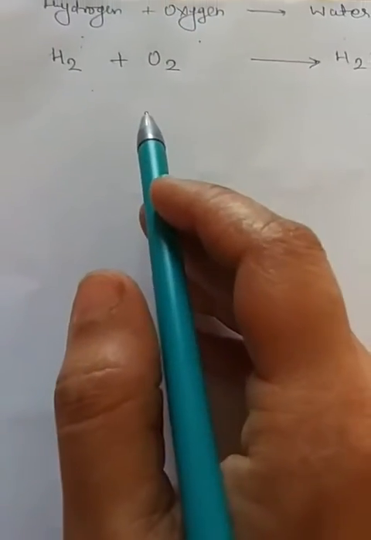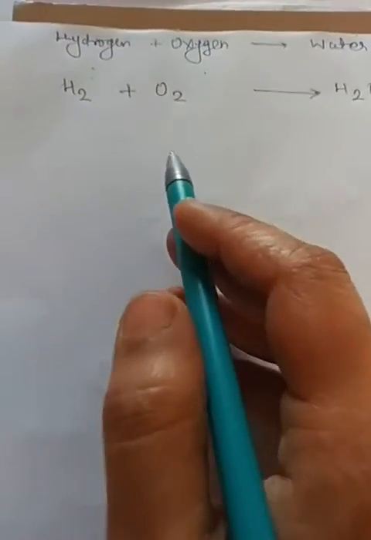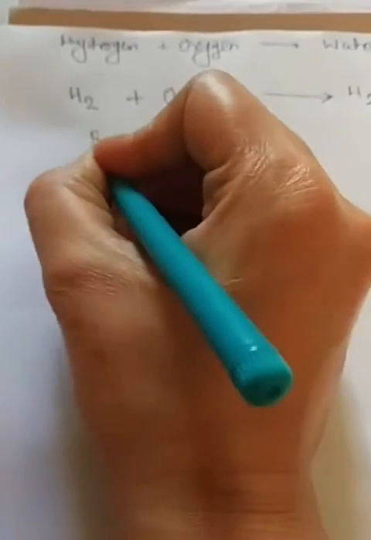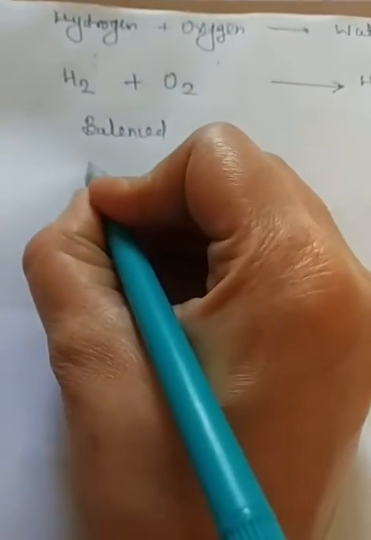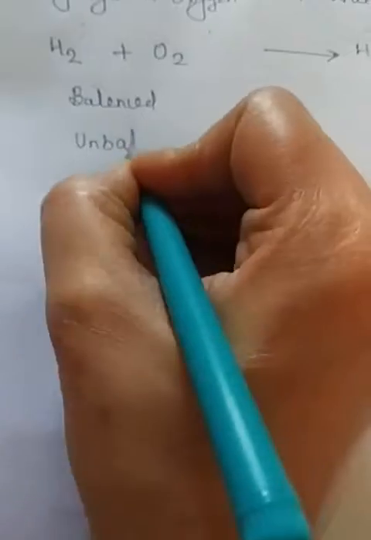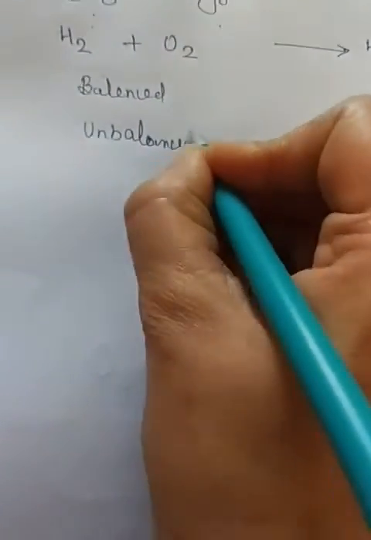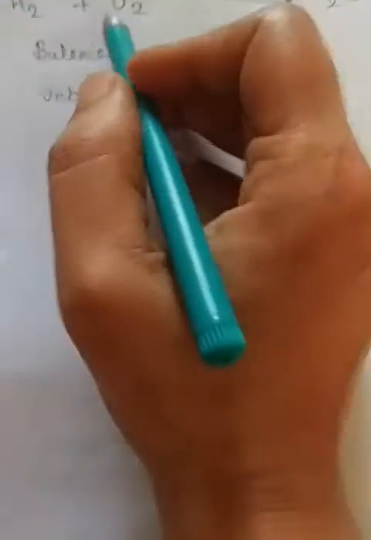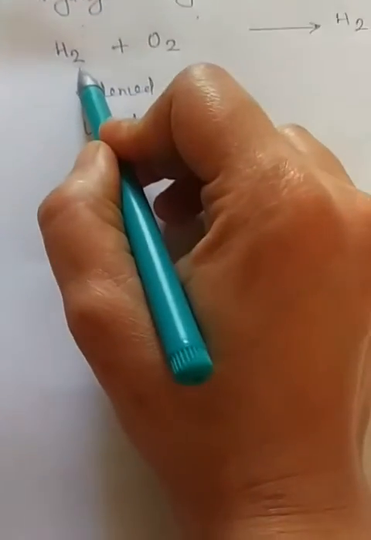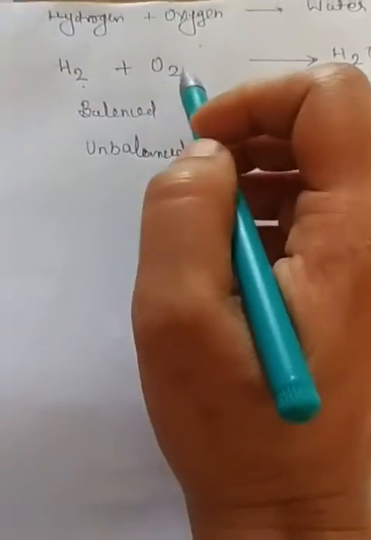Chemical equations can be divided into two types: balanced and unbalanced. How can we identify whether a reaction is balanced or unbalanced? Here hydrogen reacts with oxygen to form water.